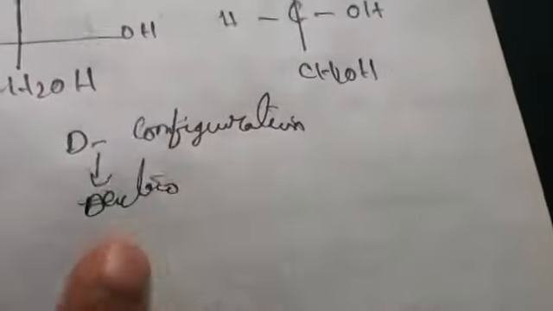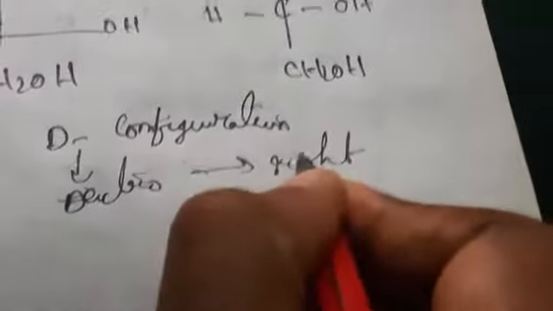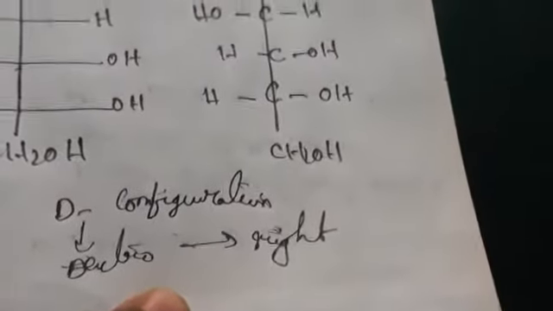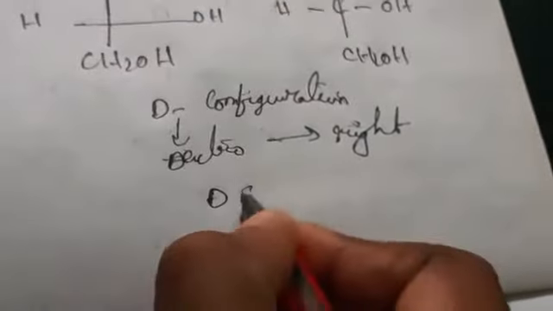D means what here? Dextro. Dextro means right side rotation. So we are taking glucose or fructose in dextro forms only. In the stereochemistry of your first semester, in configurational isomerism you will have two types, that is D form and L form.